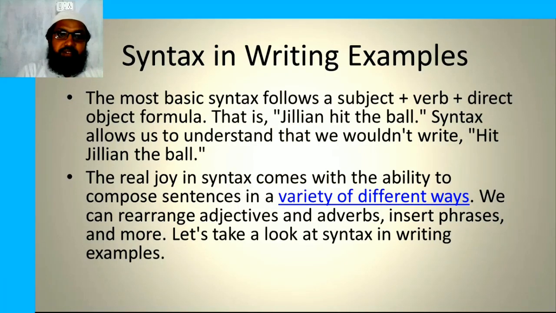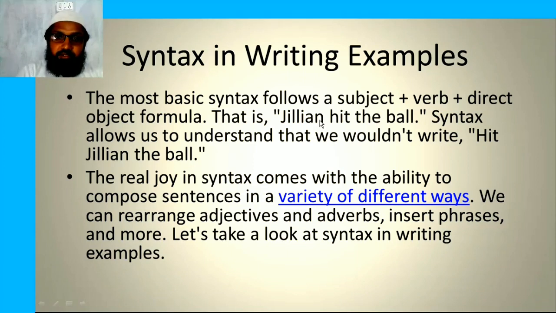Next one is syntax in writing examples. The most basic syntax follows a subject, verb, direct object formula. It is a common pattern and everyone knows it. For example, for the subject, verb plus object: Jillian hit the ball.